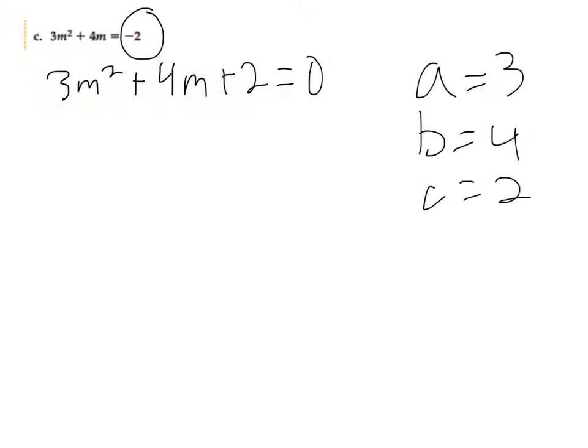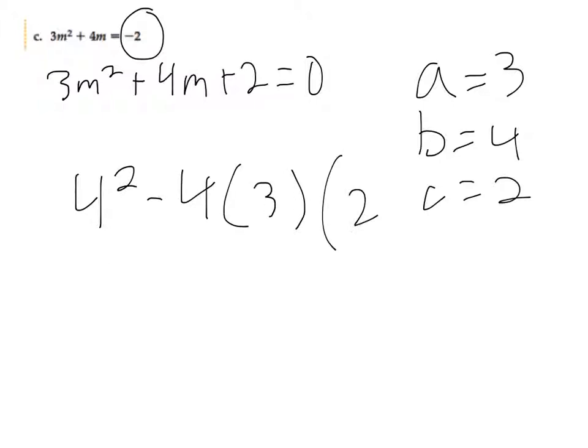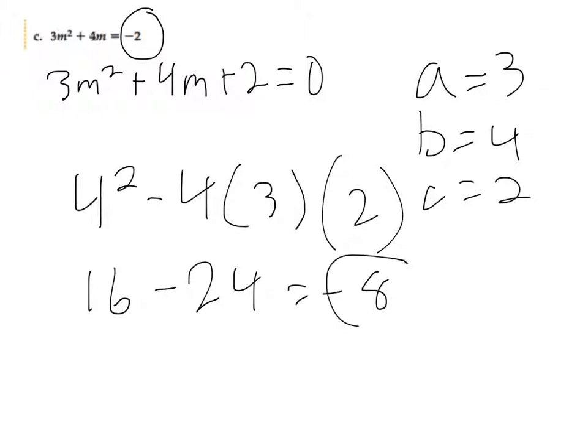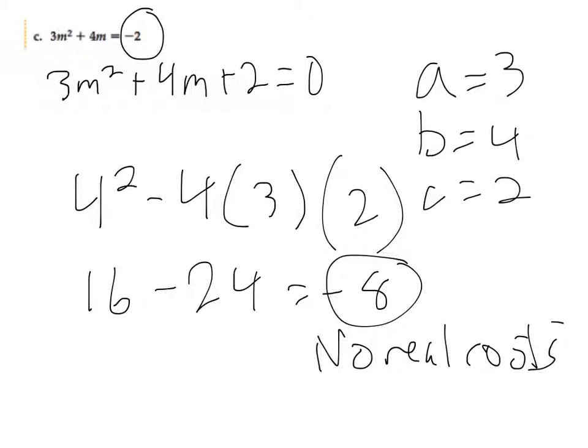So we have 4 squared minus 4 times A times C. So we have 16 minus 4 times 3 is 12, 12 times 2 is 24. 16 minus 24 is negative 8. Remember, if our discriminant is negative, it has no real roots. So there is no x value for this equation.